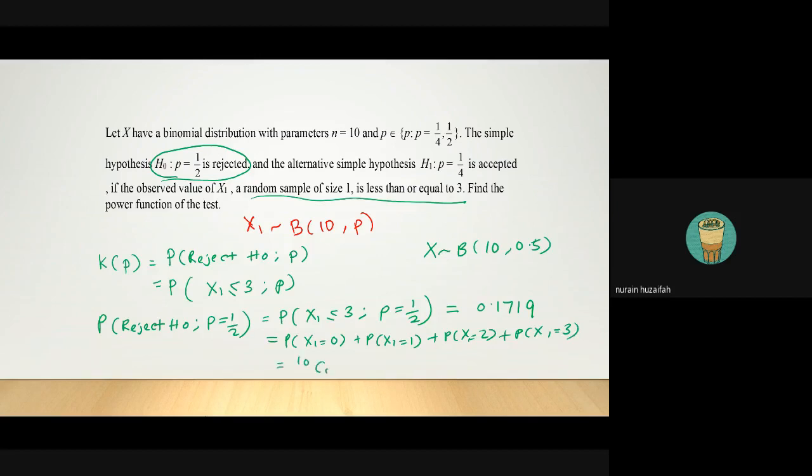So 10 choose 0, (1/2)^0, and substitute until you have 10 choose 3. It gives you the approximate value, which if we use the stats table gives you 0.1719. This one is binomial, with a small sample size where n equals 10.